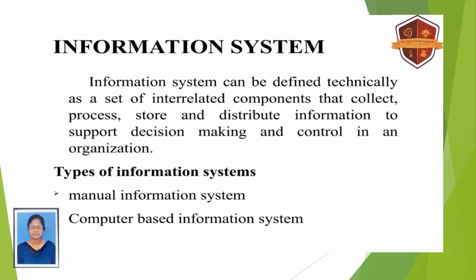Next we are going to see about information system. An information system can be defined technically as a set of interrelated components that collect, process, store and distribute information to support decision making and control in an organization. That is, the information system is a combination of hardware, software, data, people and processes that work together to collect, process, store and distribute information to support an organization's goals.